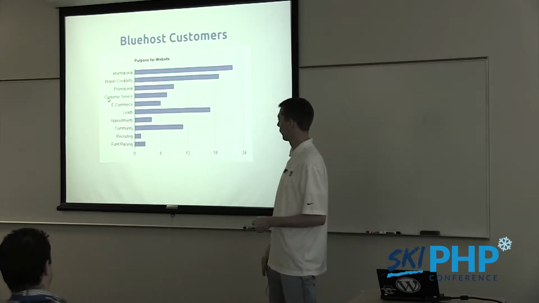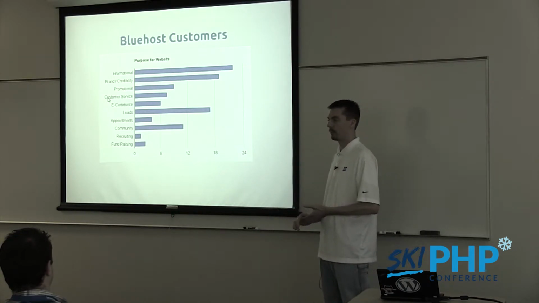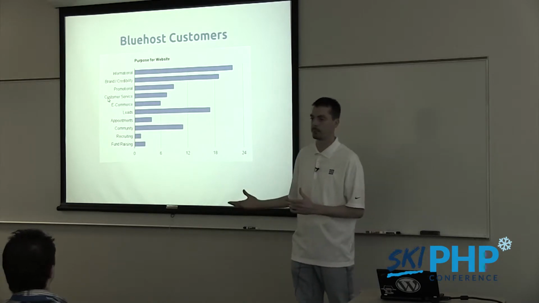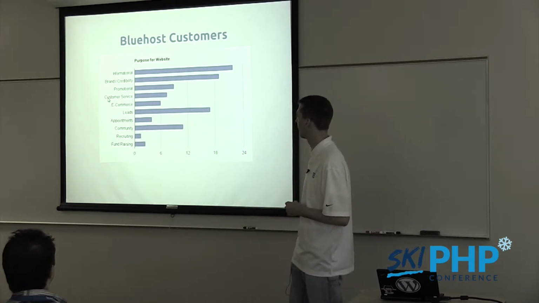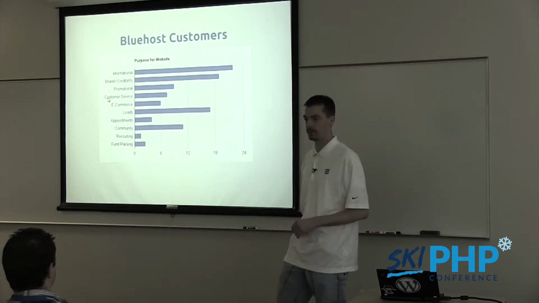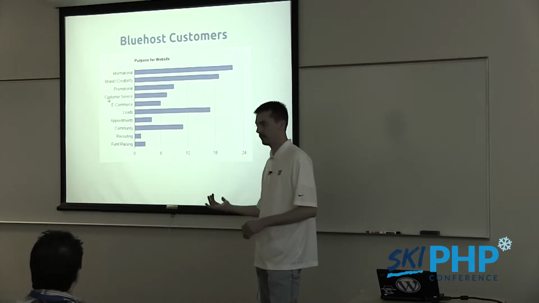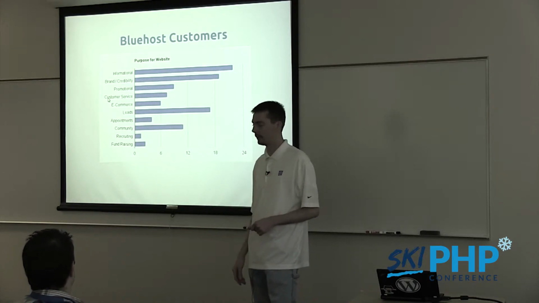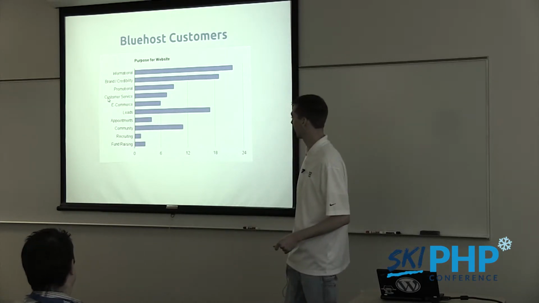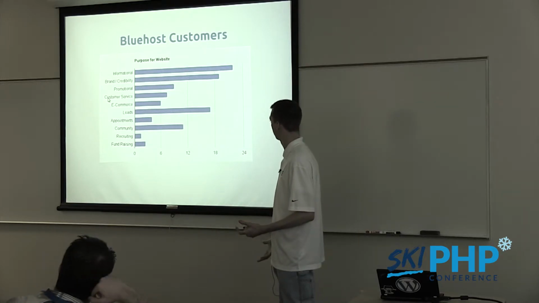But we tend to see that somewhere close around 20% of websites that are hosted by Bluehost, this is the primary purpose for websites. So they may have had multiple purposes, but we asked them what their primary purpose for their website was. And some 20% said it's just informational. I'm just putting up some basic content, which definitely lends its hand to WordPress being installed to do that. Just an extended business card. Yeah, an extended business card, which also leads to the next one too, which is close to 23%.